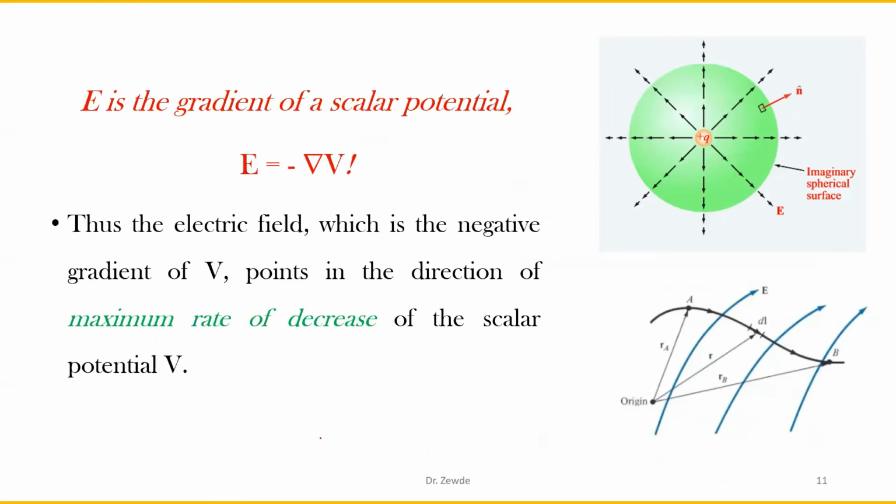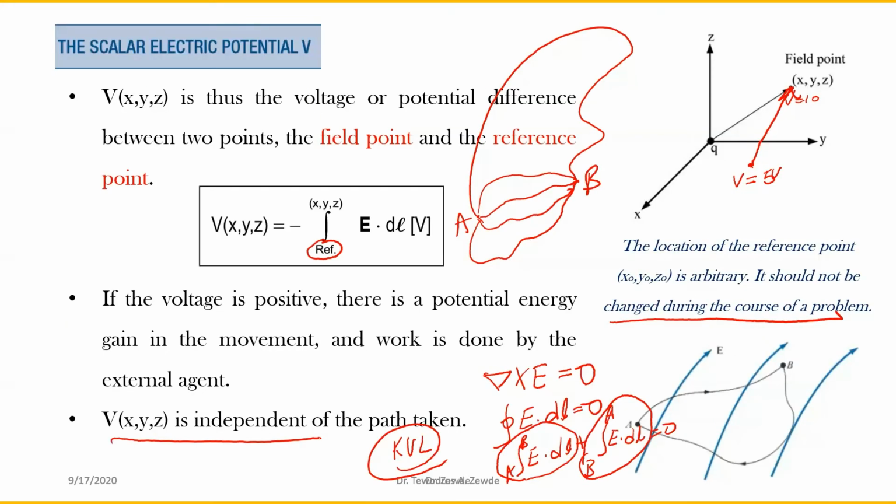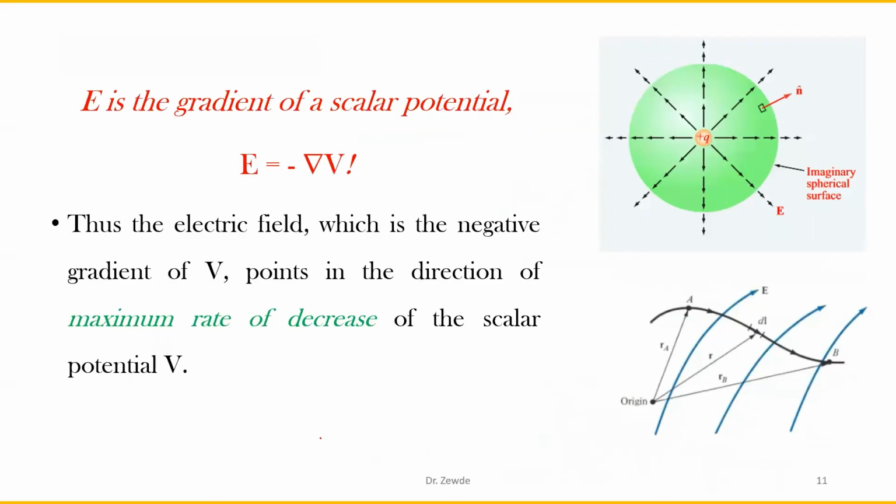And there is another way of solving for E. In the previous slide, we saw how to determine V given E, the electric field vector. We can also determine E given V. If we know the potential difference, then from that we can also determine the electric field vector. And how do we do that? By simply taking the gradient of the scalar potential.